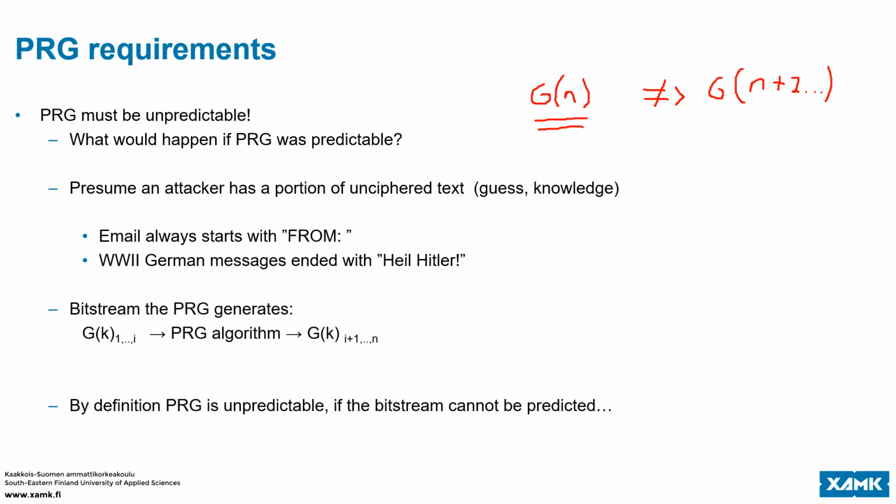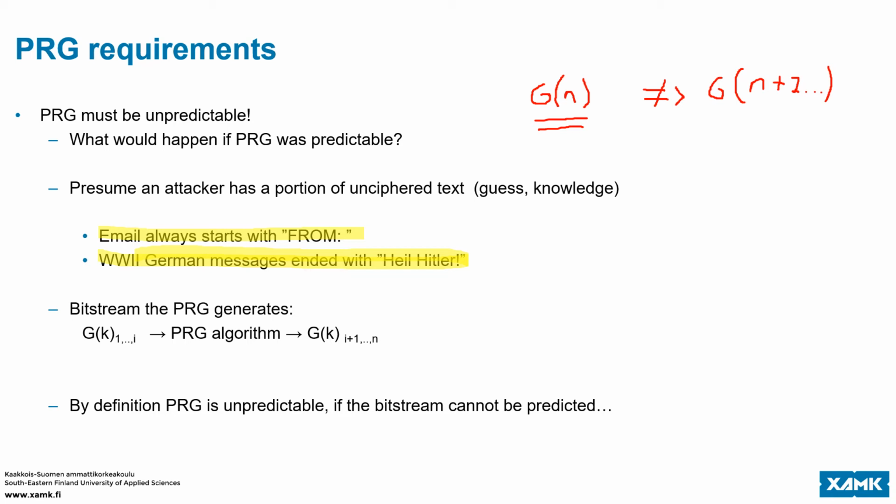In the real world, this is not so difficult to do, because for instance, we always know that emails start with a from header. Or we always know, or we could guess, that World War II German messages ended with Heil Hitler.